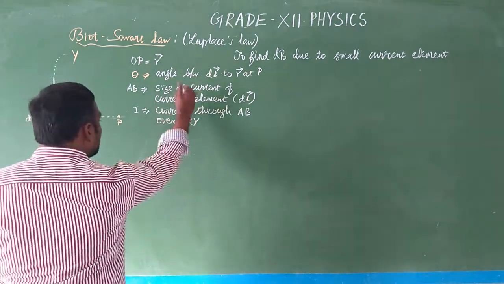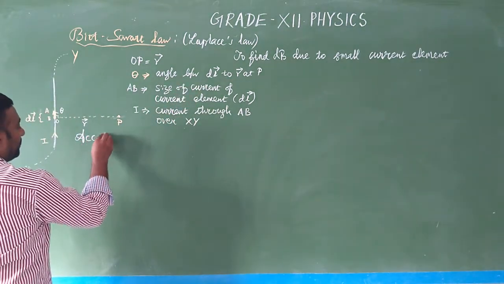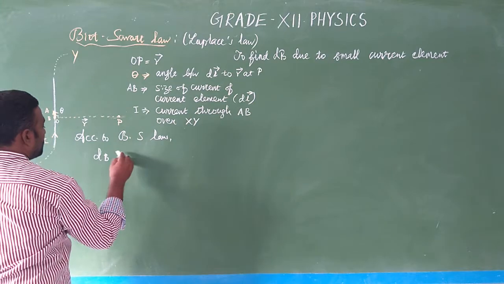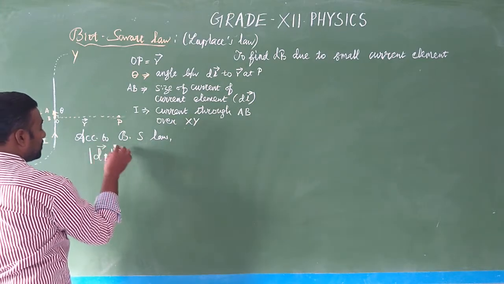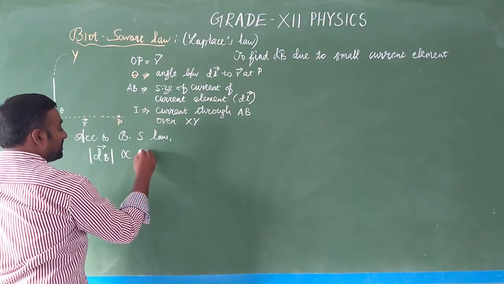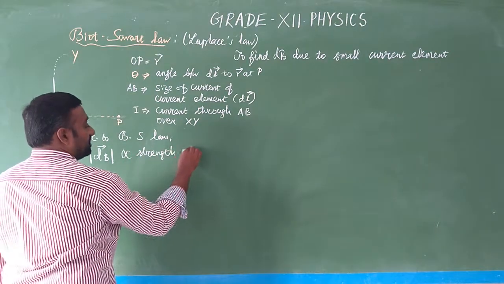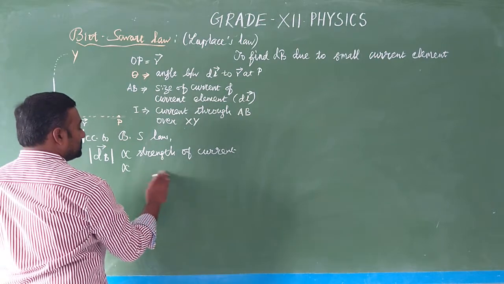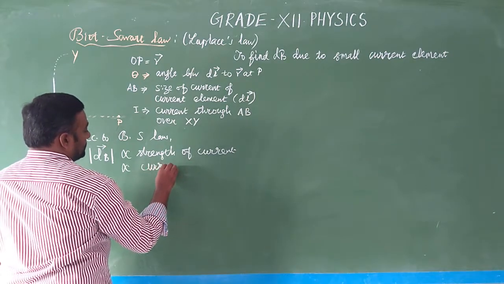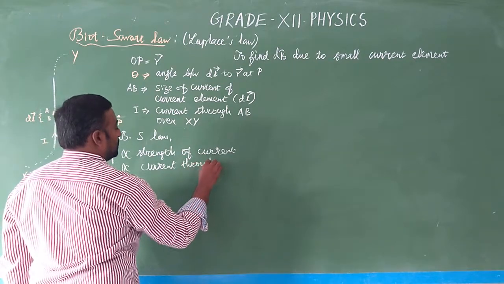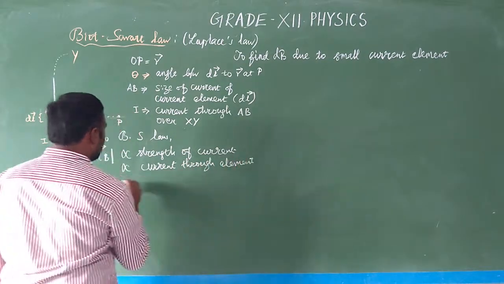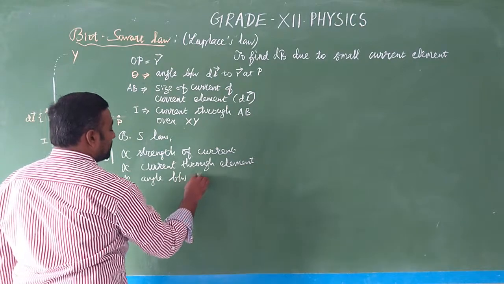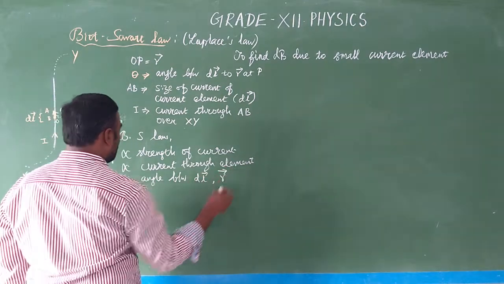So according to Biot-Savart law, the magnitude of the magnetic field produced due to the small current element is directly proportional to the strength of the current through the element, and also directly proportional to the angle between the current element and the position vector r.